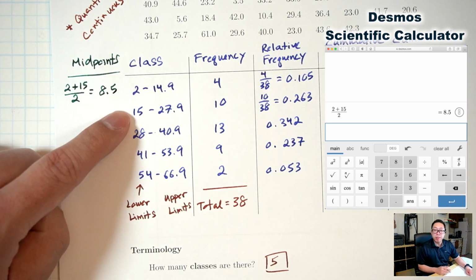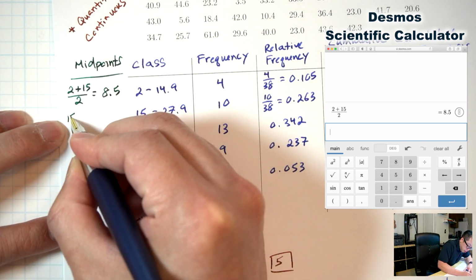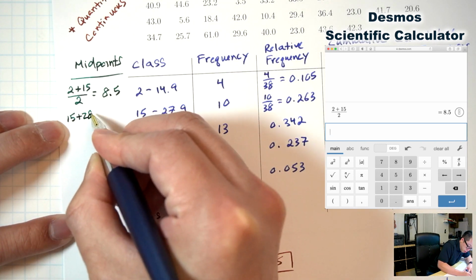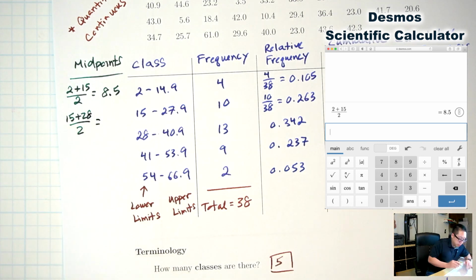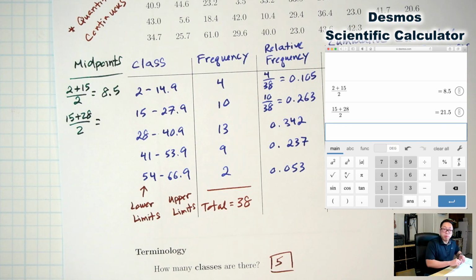The next one is 15 plus 28 divided by 2, which is 21.5.